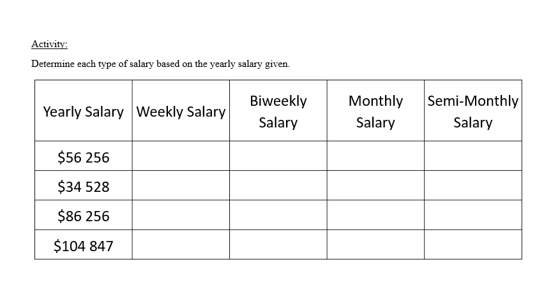So to do that, for example, weekly, so if you make $56,256 a year, you want to break that up into 52 equal pieces to determine what you're going to make weekly, since there's 52 weeks in a year. So we would divide the yearly salary by 52, and we would see that this person makes $1,081.85 per week.